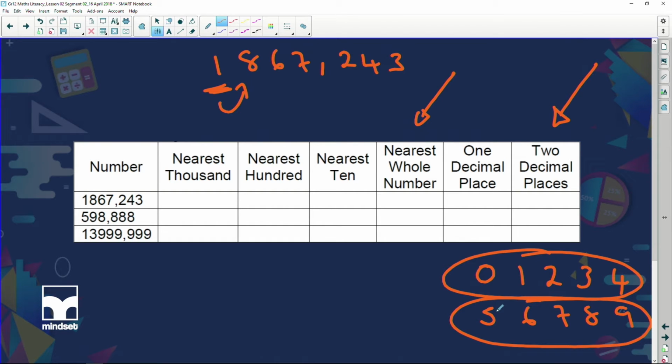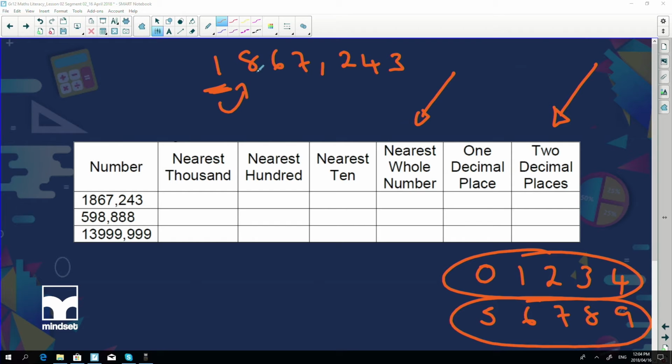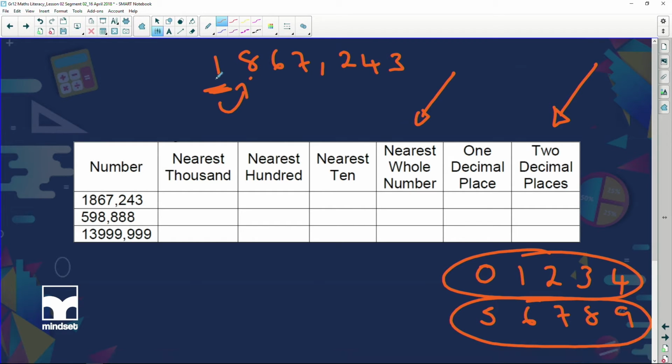So 1,867,243. The 8 is a big number. So it's going to affect the 1 and make it 2. So to the nearest 1,000, my answer is 2,000. So 1,867, is it closer to 1,000 or 2,000? Closer to 2,000.